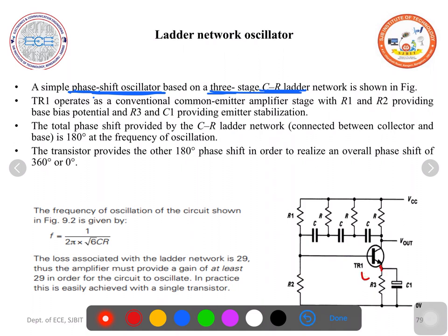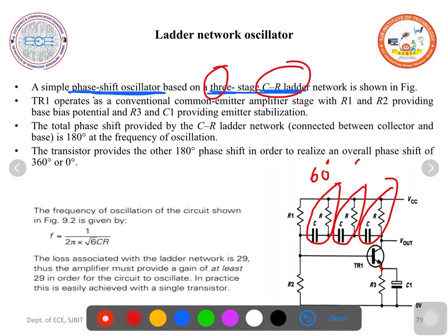The total phase shift provided by the CR ladder: this is one CR ladder, this is the second CR ladder, this is the third CR ladder. So this is a 3-stage CR ladder. Each CR ladder network provides 60-degree phase shift, 60 plus 60 plus 60.